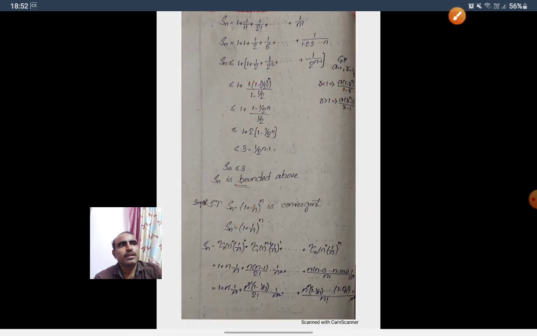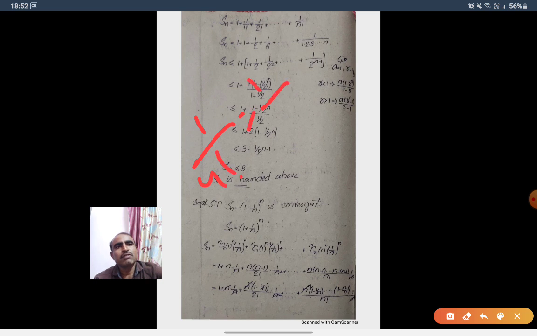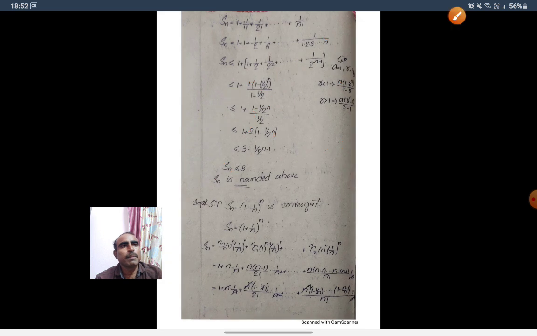And 1 by 4 factorial, that is 1 by 24, is less than 1 by 8, that is 1 by 2 cube. So I write this as 1 plus 1 by 2. 1 by 6 is less than or equal to 1 by 2 square. 1 by 24 is less than or equal to 1 by 2 cube.